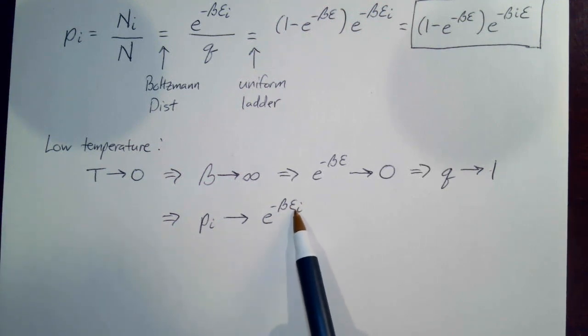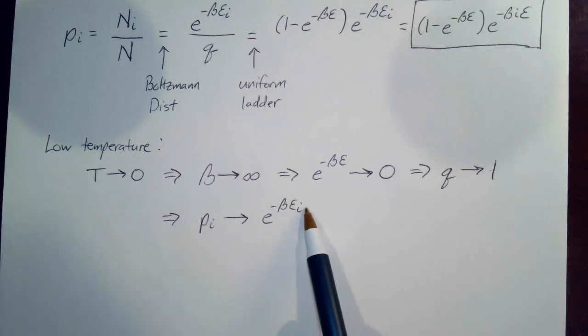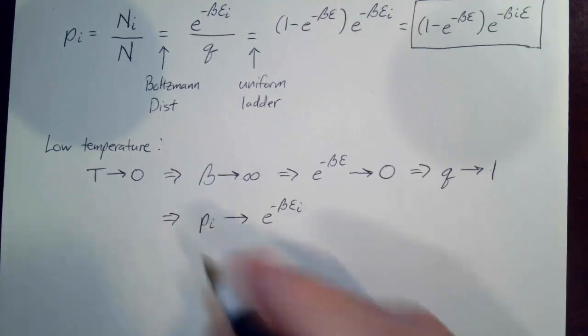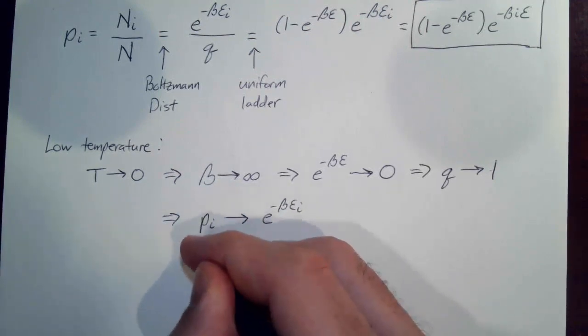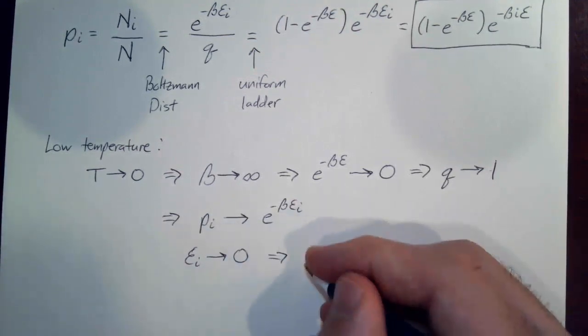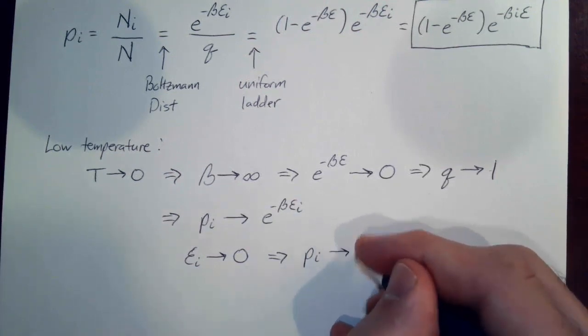Whereas if this was a bigger number, this would get closer to e to the minus a large number, which would be this whole thing getting close to 0. So as epsilon i goes to 0, as it gets smaller, p_i goes to 1.